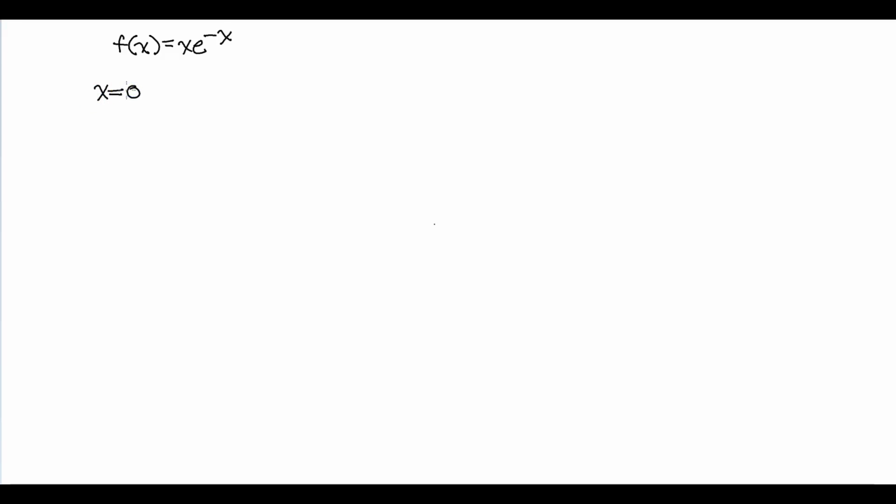So let's draw some axes. Okay, so we have some axes, and we know that x equals 0 is a point. Now, we want to find if there are any vertical or horizontal asymptotes.